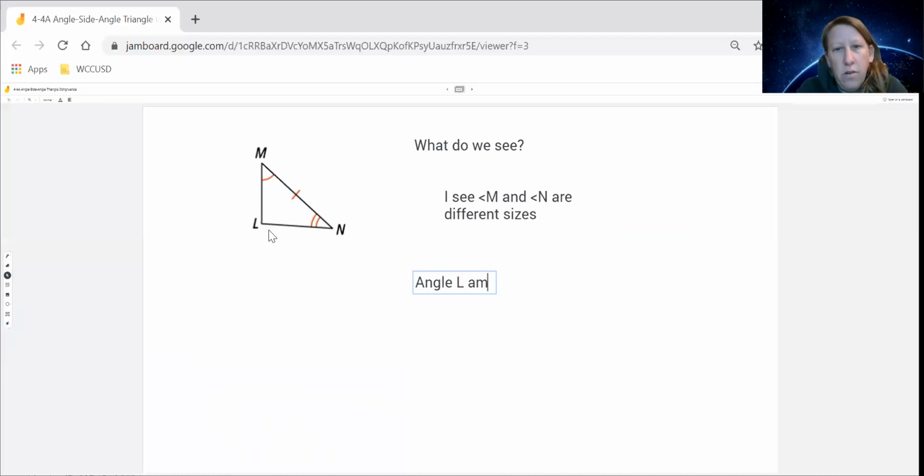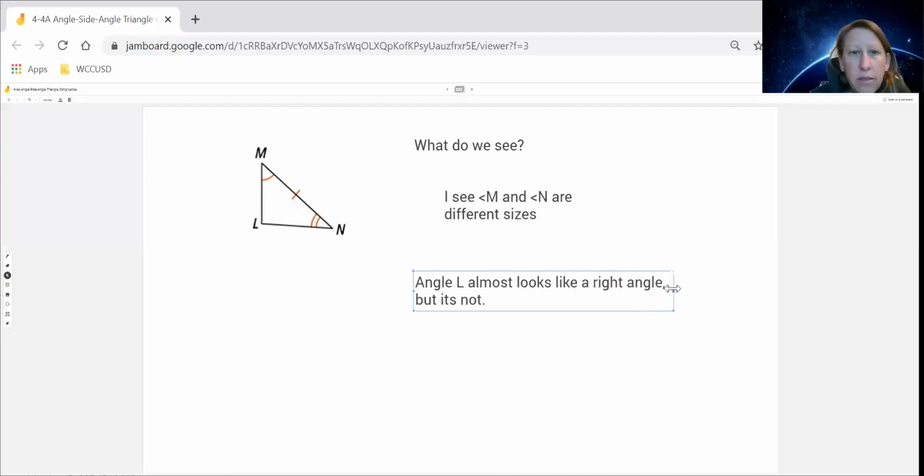Angle L almost looks like a right angle. Is it a right angle? No. If it doesn't have the box in it, we cannot assume that it's a right angle. It looks a little bit obtuse to me, so I might have to get a protractor out and measure this. But I can also put the corner of a piece of paper here. I'm going to say it's an obtuse triangle.